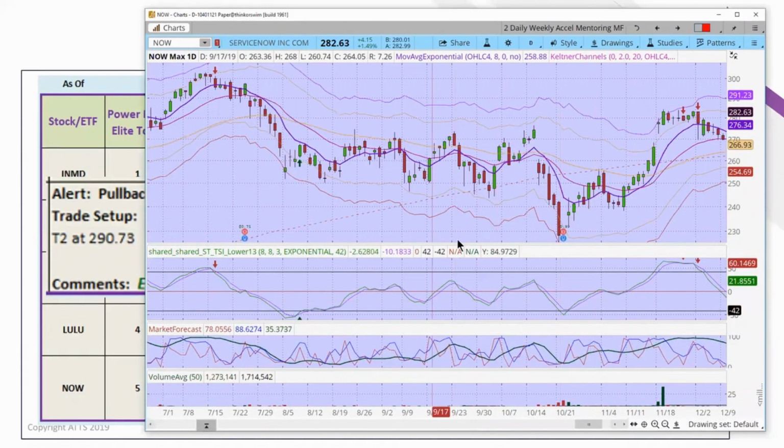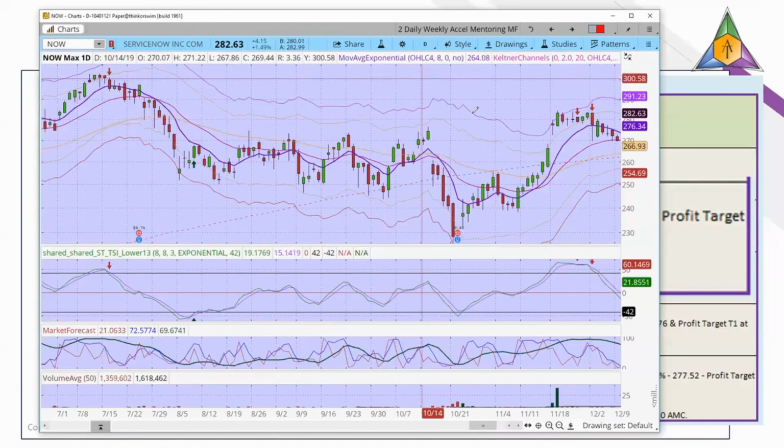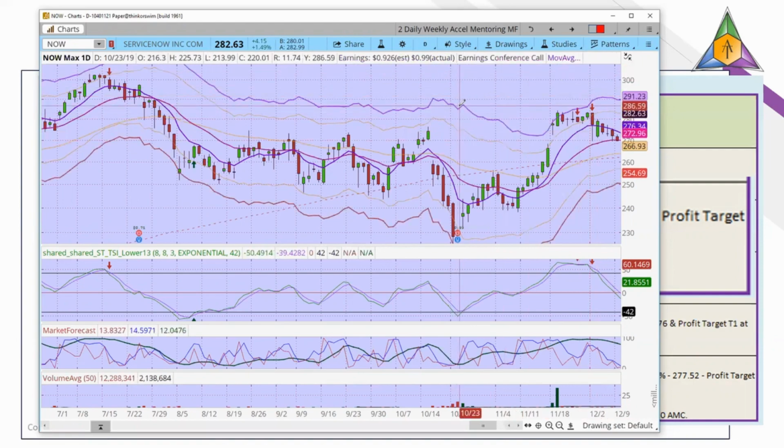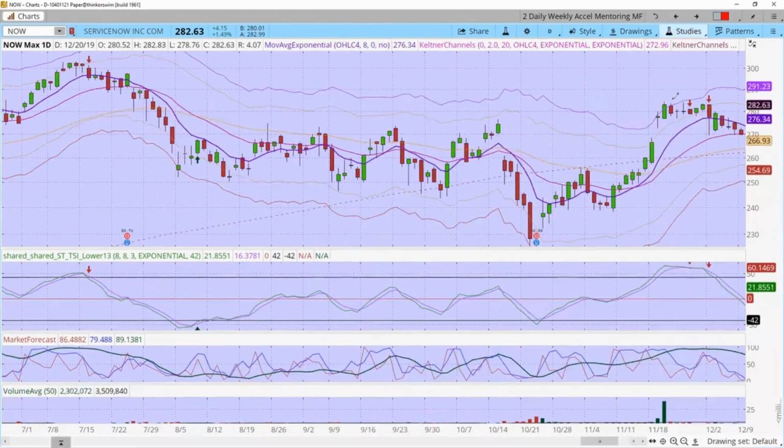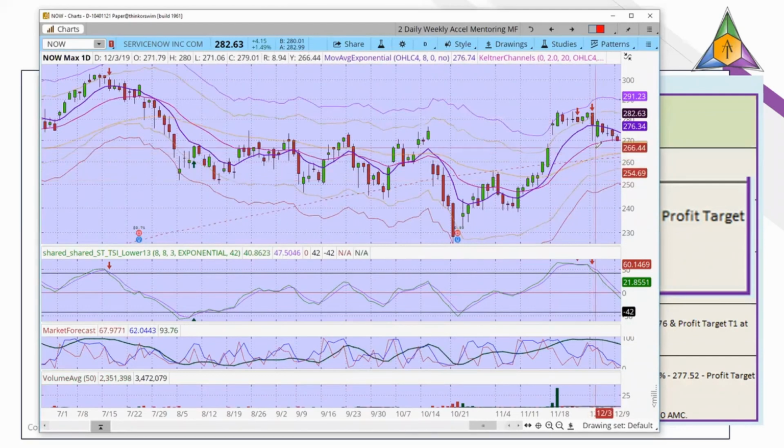There we go. As you can see, this is the alert that came out. This is 12/9. The alert came out there. And the instructions were to wait for it to pull back down in here to about 264.25, and that would have been 264.35.